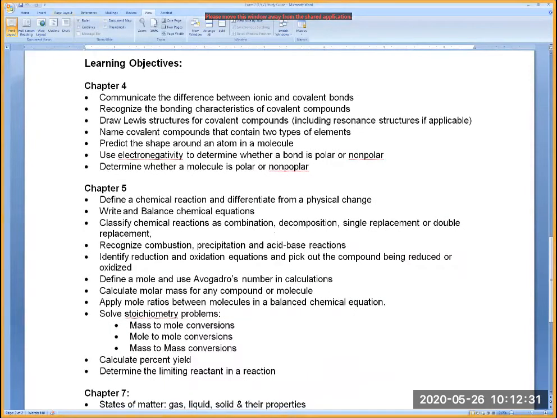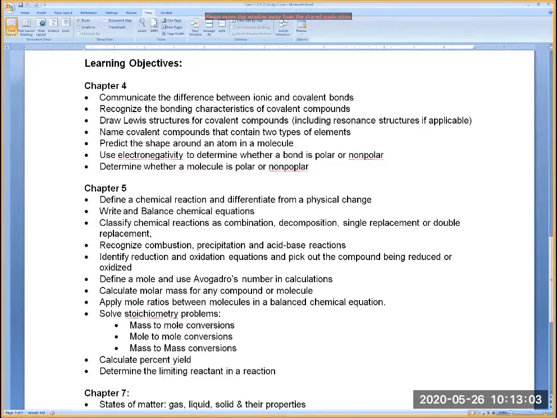Chapter 4 is all about covalent compounds. Covalent compounds are also called molecular compounds, because when you have compounds made with covalent bonds, we call them molecules. You want to remember the difference between ionic and covalent bonds. In covalent bonds, electrons are shared between atoms and sometimes unequally shared, and that's why you have polar bonds.